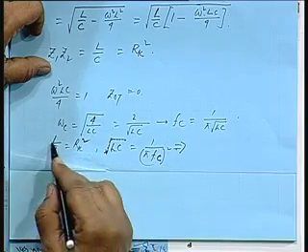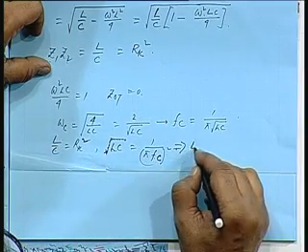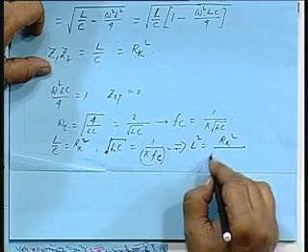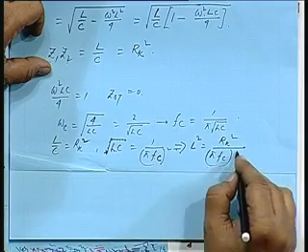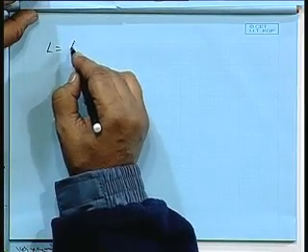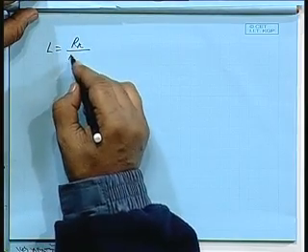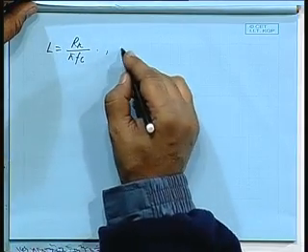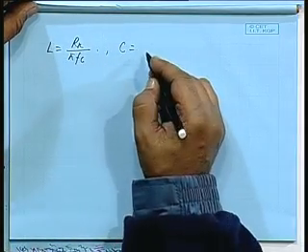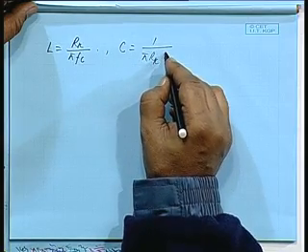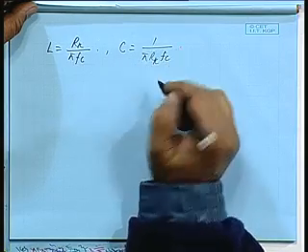Then if you take the ratio, it will become L squared is equal to R k squared by pi f c squared, whence L will become R k by pi f c. And similarly, by eliminating L, C can be determined from any of the equations into f c.